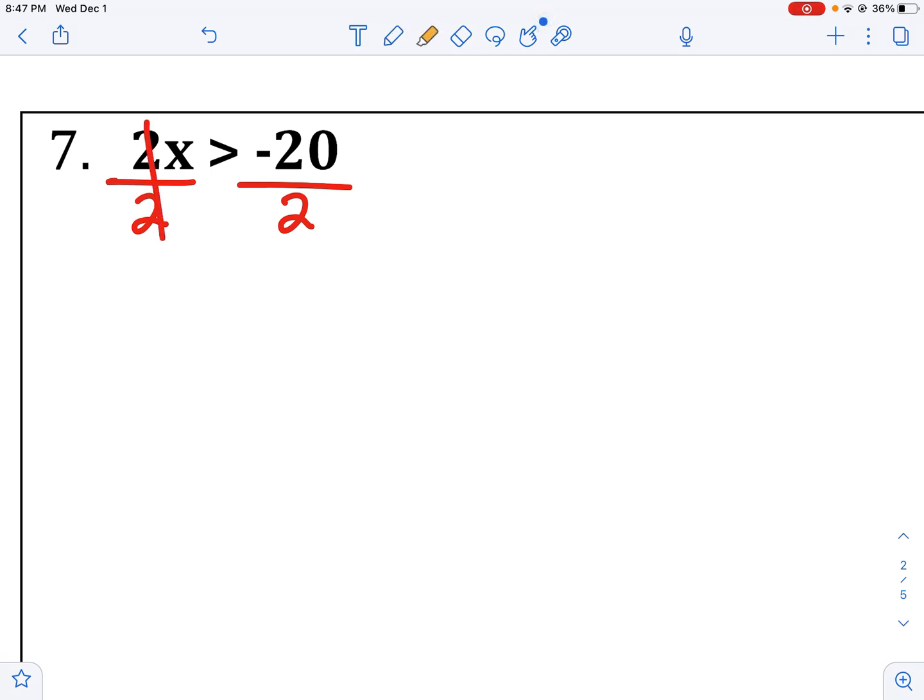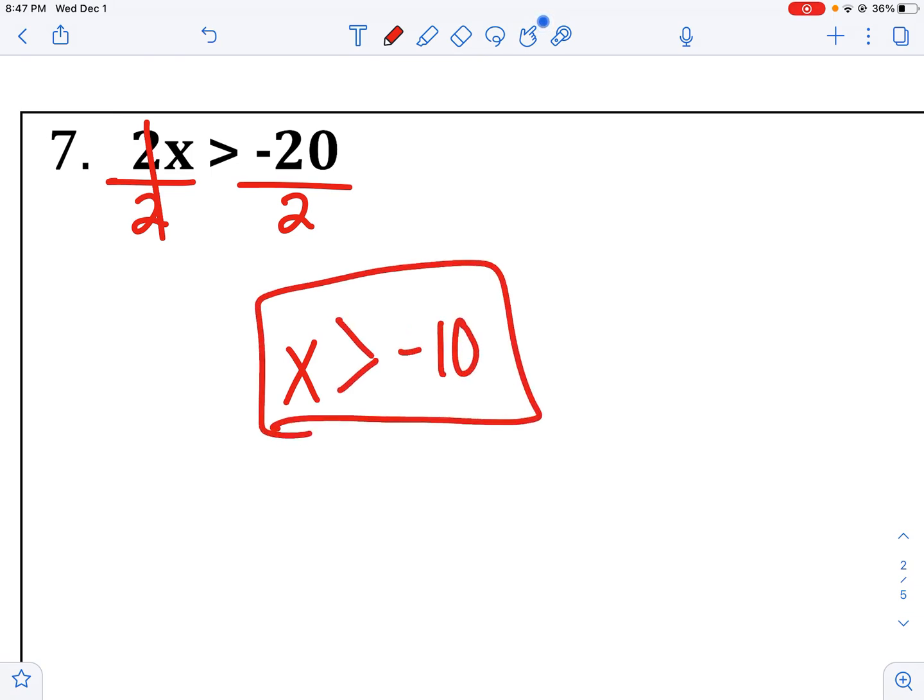So it does not matter that this number here is negative. I divided by positive 2. So x would be greater than negative 10. It doesn't matter that this number is negative. All that matters is that I divided by a positive, so I did not need to flip my inequality sign.